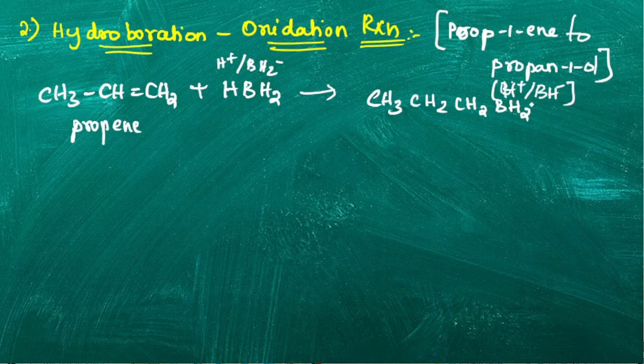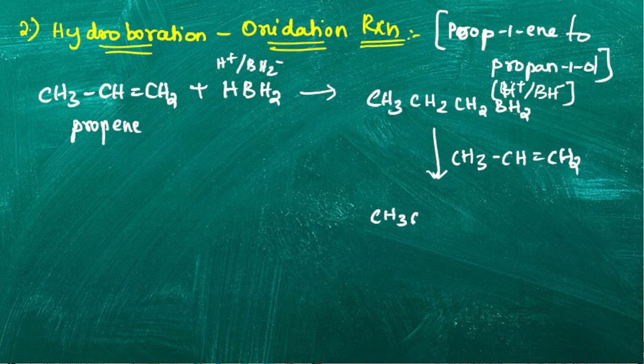Now again we react with propene, that is, I am going to take CH3, CH double bond CH2. This H plus will go and attach over here, and BH will go and attach over here.